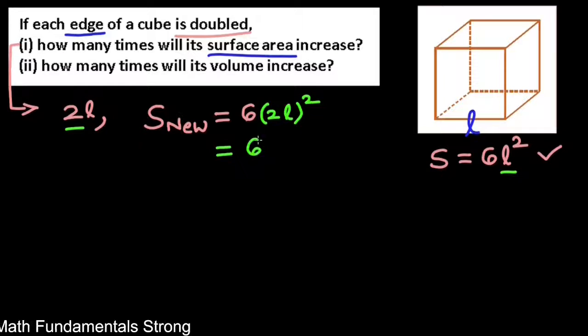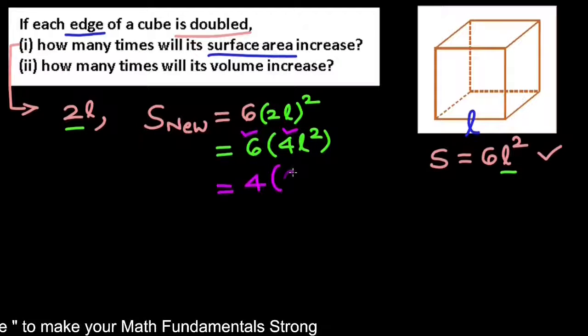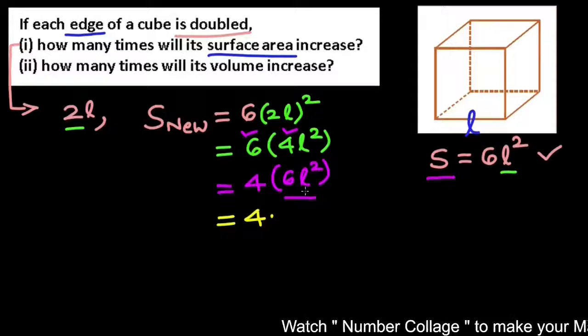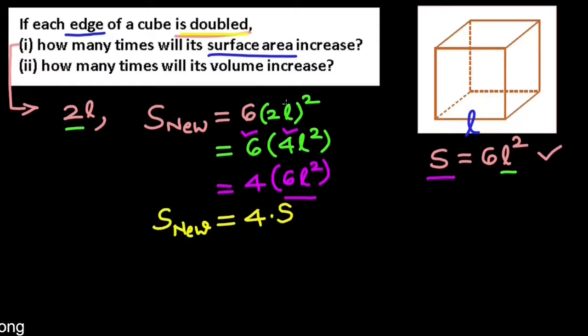So that will be 6 times 4L square. We write it as 4 times this 6L square. But this 6L square is nothing but S. So we will put 4 times S. The new surface area when the edge is doubled will be 4 times the original surface area.